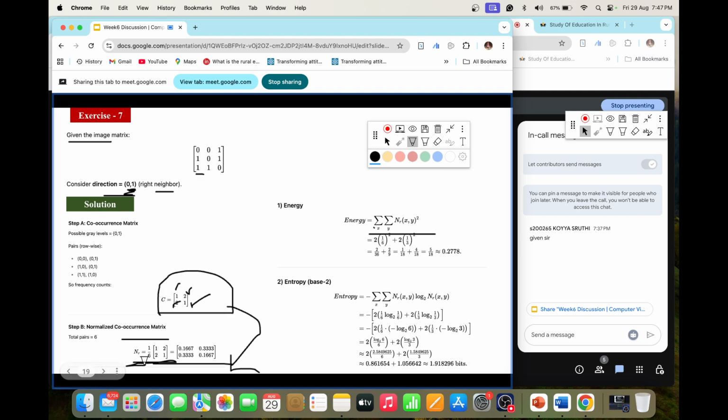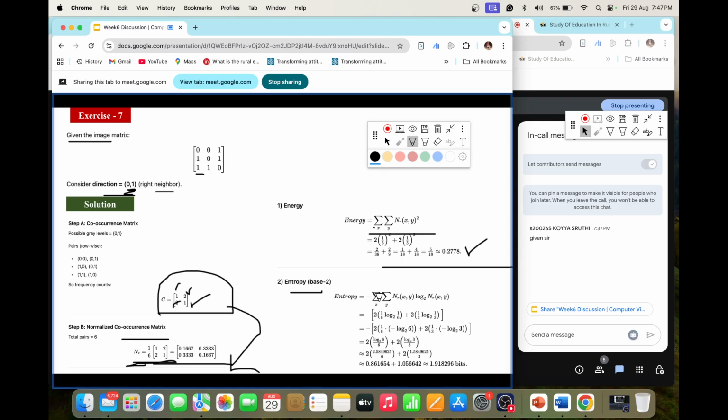This matrix you have to sum over the rows or columns, summation over x comma y. Either you do it by row or by column. So let's do it by row. So 1 by 6 whole square plus 2 by 6 whole square, 2 by 6 whole square plus 1 by 6 whole square. So that will give you the energy.